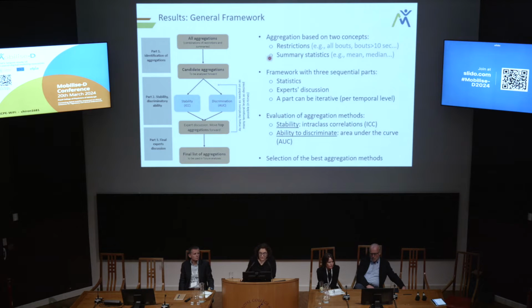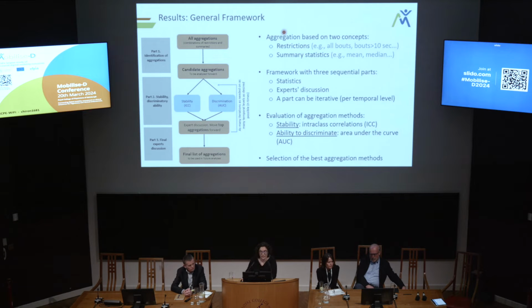So when we have a list of aggregations per each DMO, a combination of restrictions and summary statistics that makes sense, we want to evaluate which one is better. And because we want to take the most out of every single DMO, we wanted to select the aggregation method that provides the highest stability in the DMO and the most ability to discriminate.